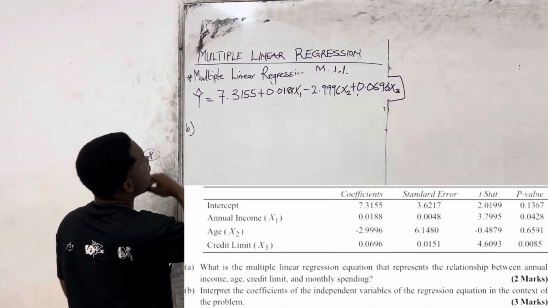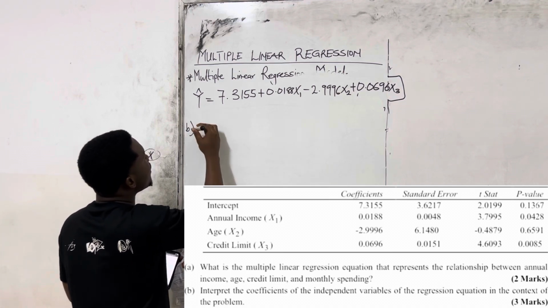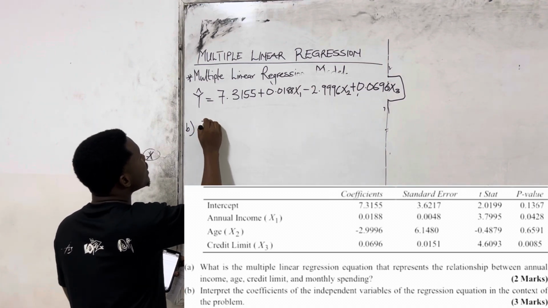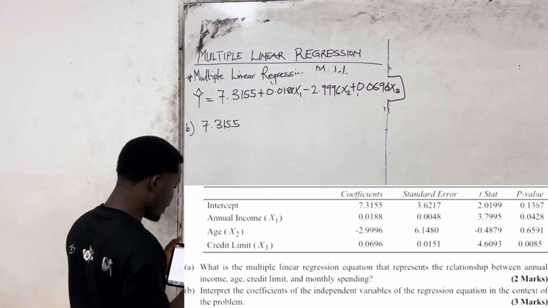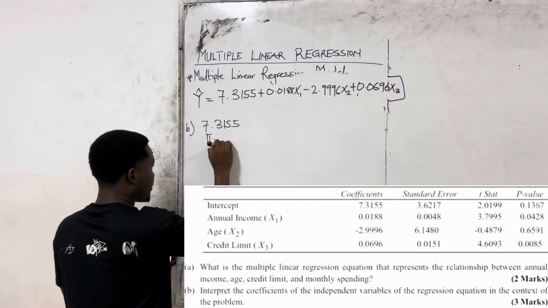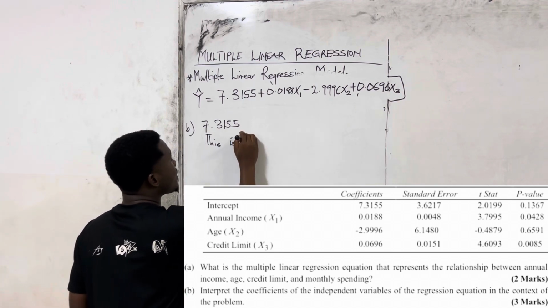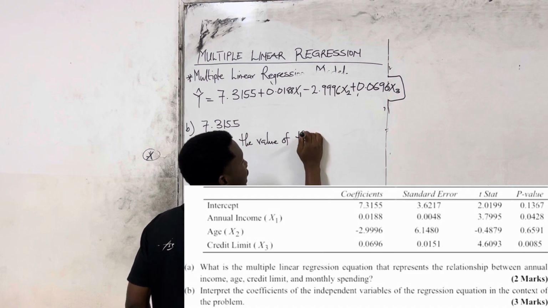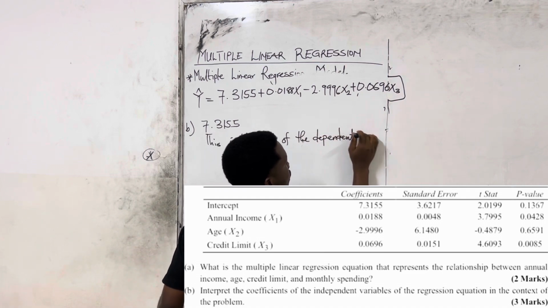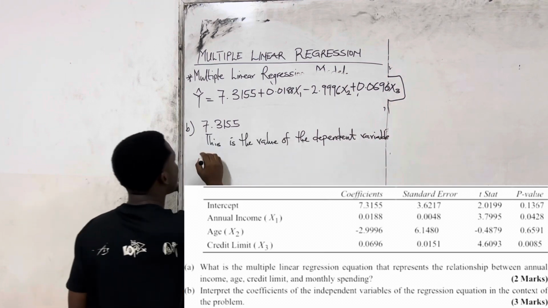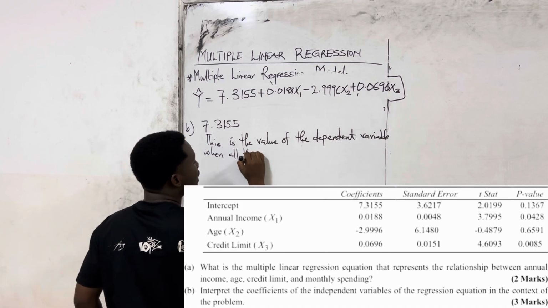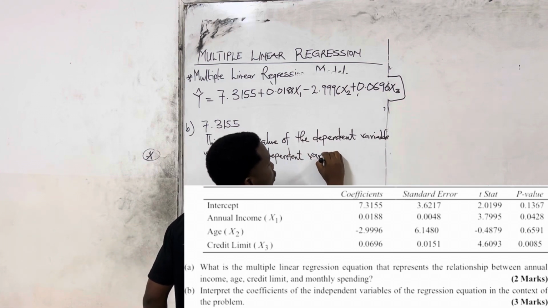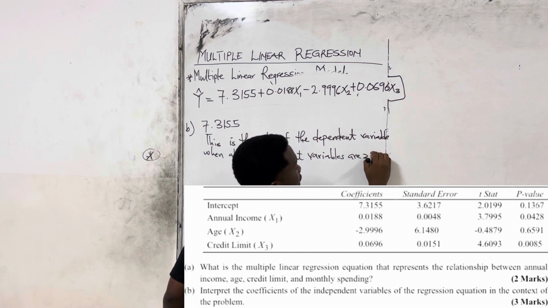So the first thing that we have to do is to interpret. So we have our B, which is 7.355, and we will interpret it that this is the value of the dependent variable when all the independent variables are zero.